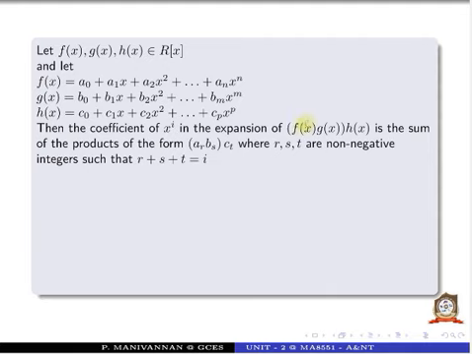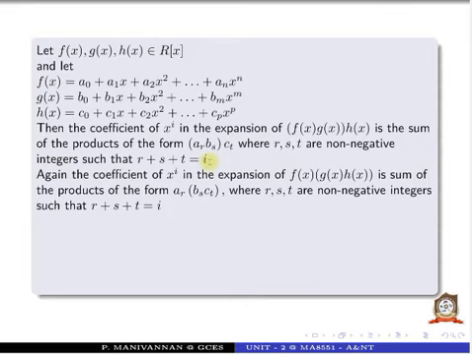For f of x the coefficient is ar, for g of x it is bs, and for h of x it is ct, where r, s, t are non-negative integers such that r plus s plus t equals i.